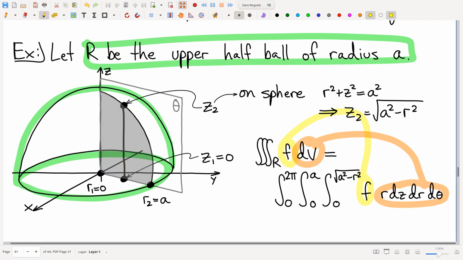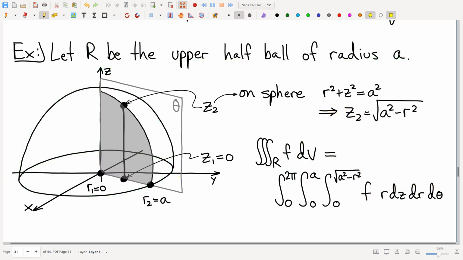But now, let's work on finding our bounds. We will start with our theta bounds. Notice I chose one of my two options of how to order differentials. We'll look at the other one in just a second. Arbitrarily, I'm choosing this one. And let's see here. Theta, here's what a theta slice looks like.